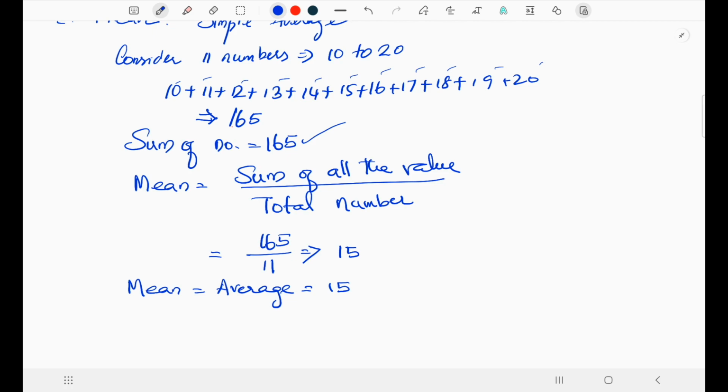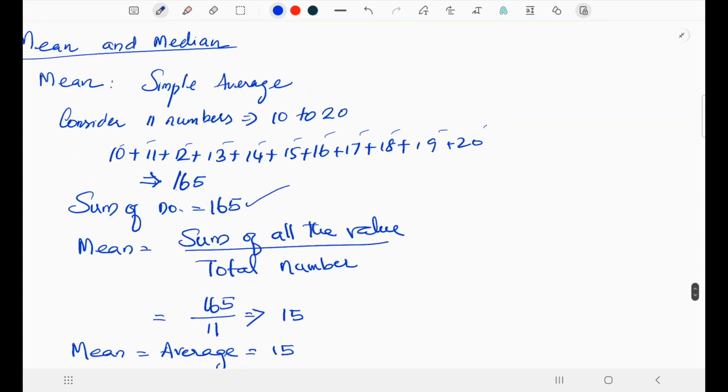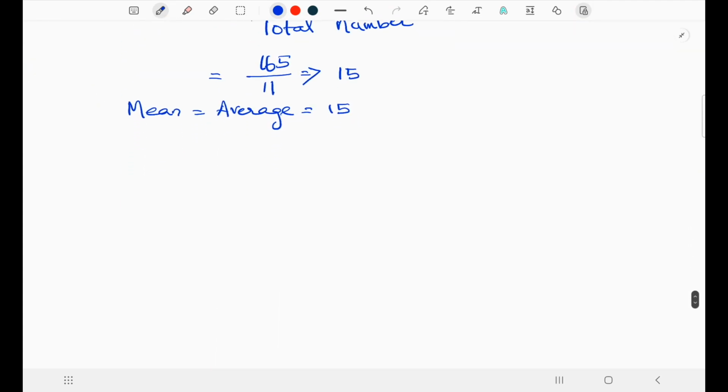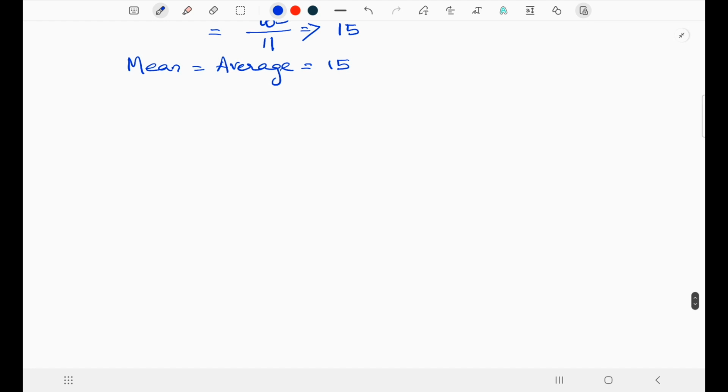Let us now try to understand the real life application of mean. We will create a dataset of 5 cities for their minimum day temperature on a particular day. Let us record the temperature in the table. For example, we have the temperature of 5 cities.